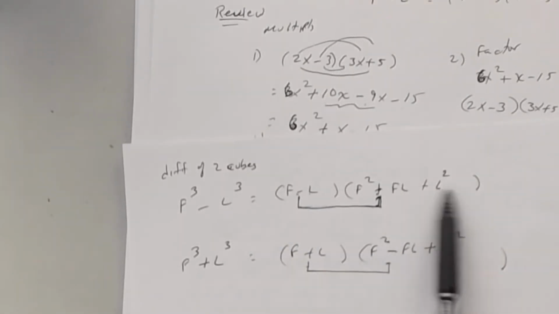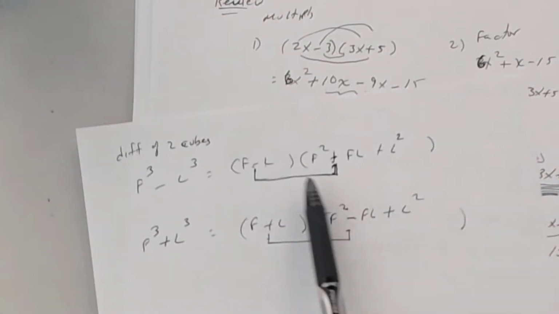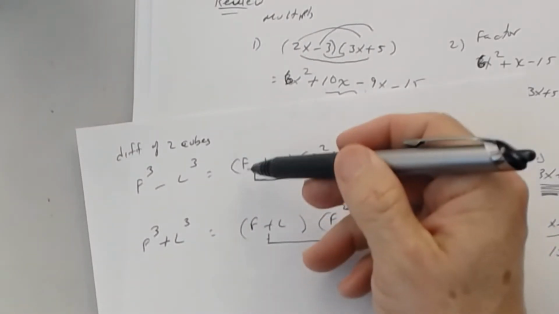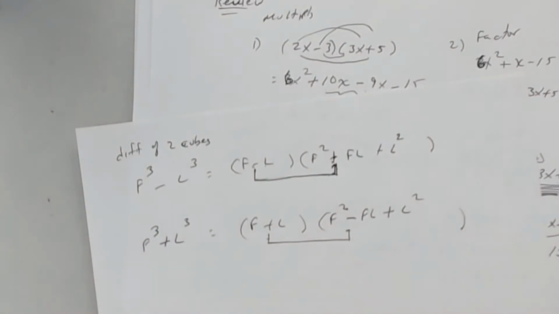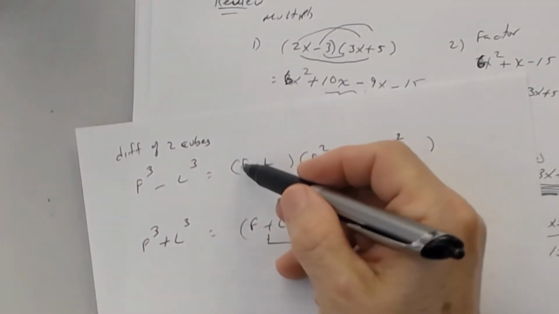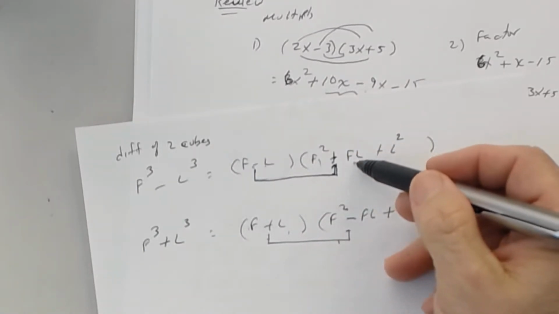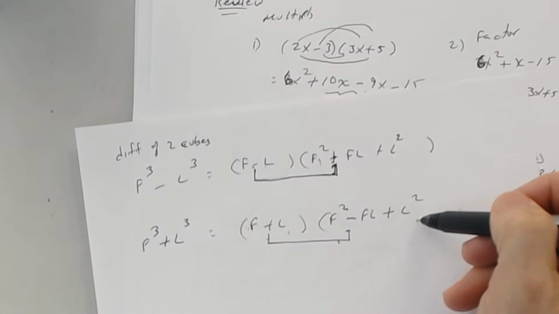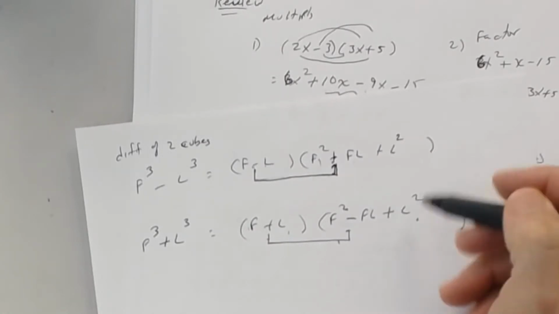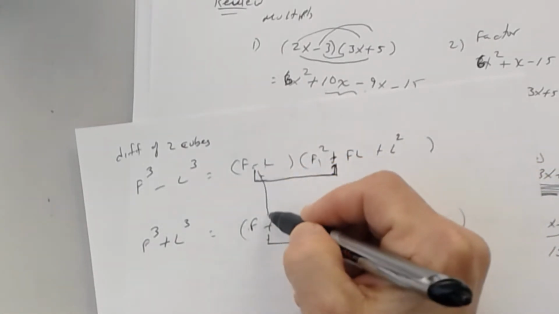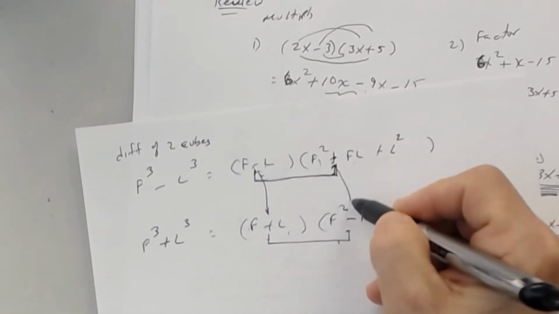So if you look at every term that's in both the difference of two cubes and the sum of two cubes, the position is the same for all of them. F squared, F times L, and L squared. The only difference between the two is this sign here and this sign here.